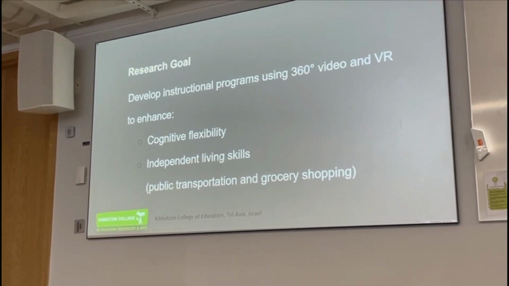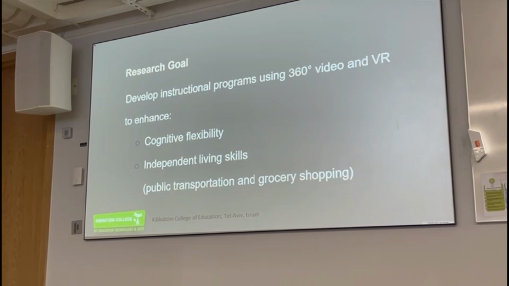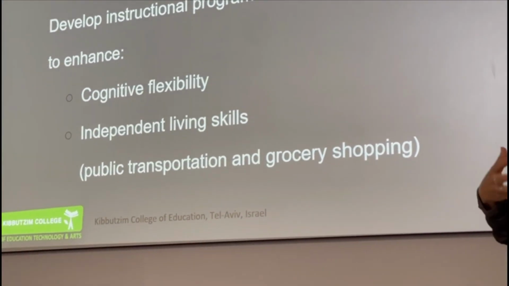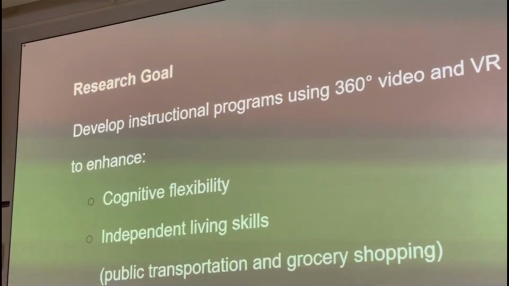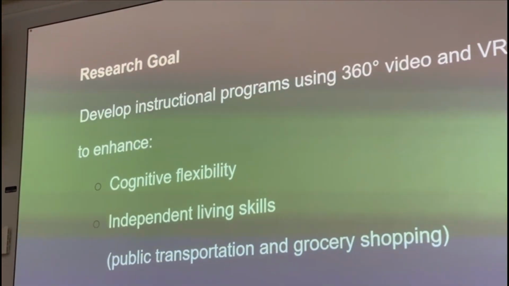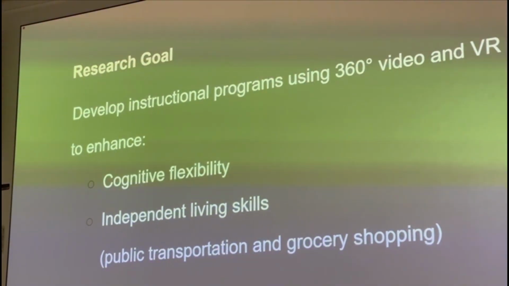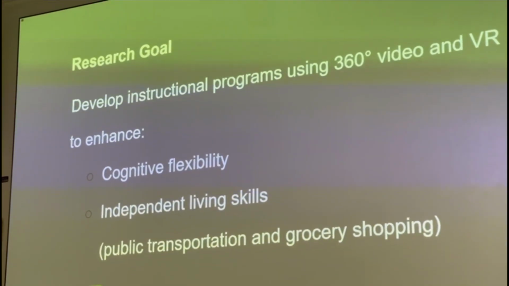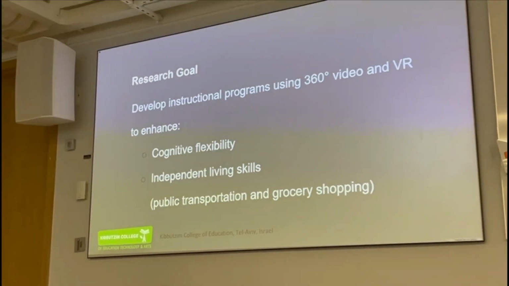One of the students used the VR to teach them how to use public transportation, and the other one used it to teach how to do shopping in the supermarket. So it's 2 different classes, 2 different programs.